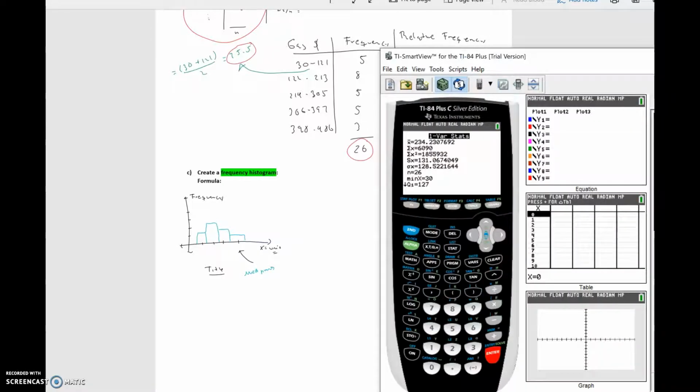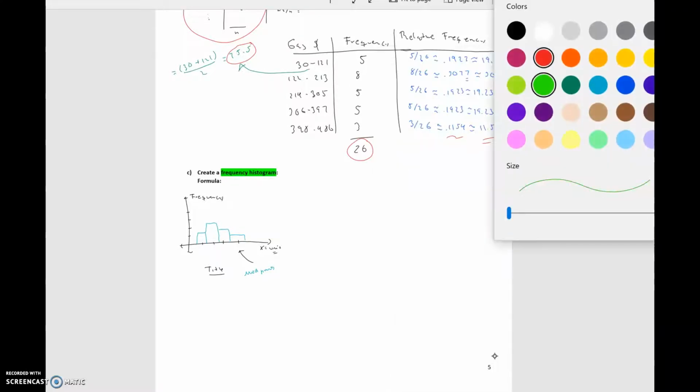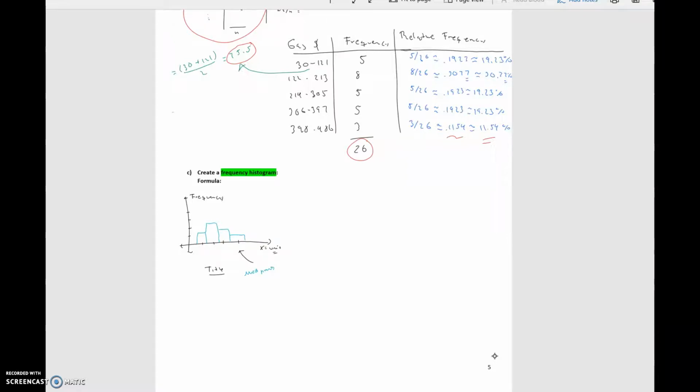In your calculator, you have to be a little bit careful. So you would open parentheses, and then say 30 plus 121, close parentheses, divided by 2. And then that's your 75.5. The next one is going to be 122 plus 213 divided by 2.